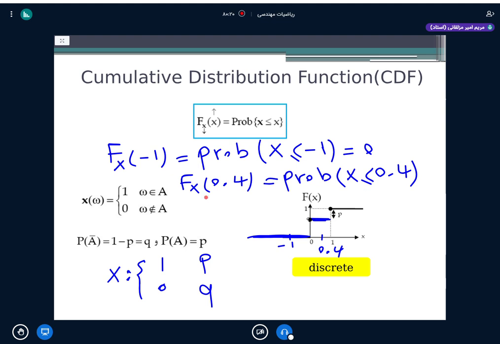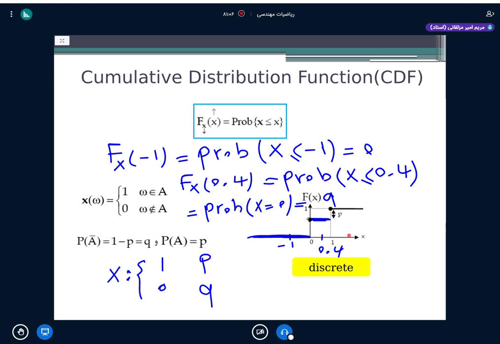So this probability is equal to the probability that x is equal to 0, because if x takes 1, then it's not less than 0.4. So it's equal to Q. For all the points in the interval between 0 and 1, the CDF is equal to Q. Any question?